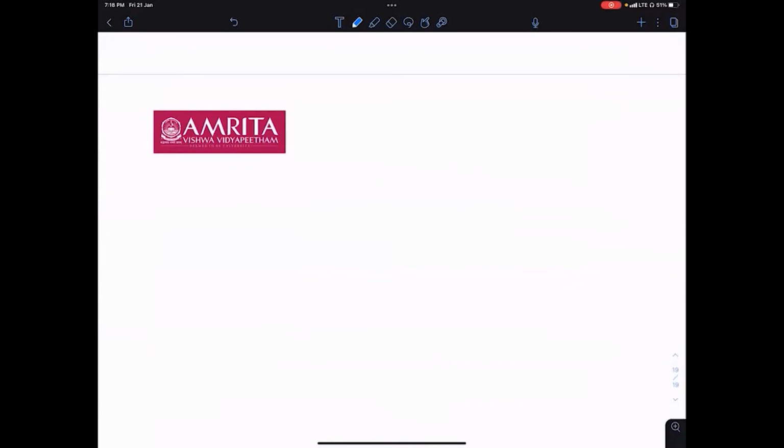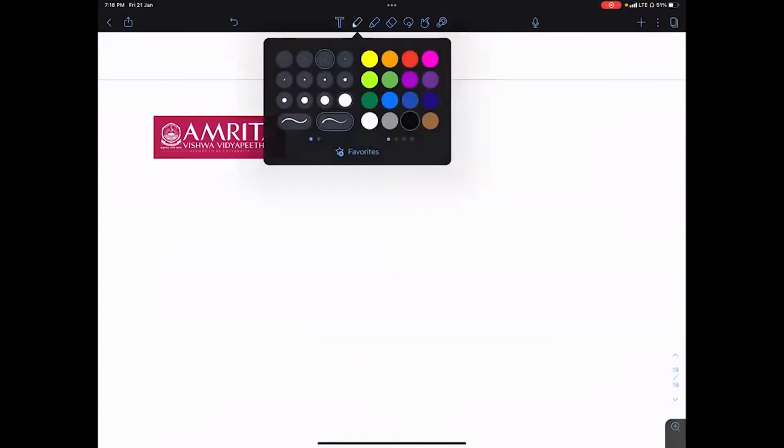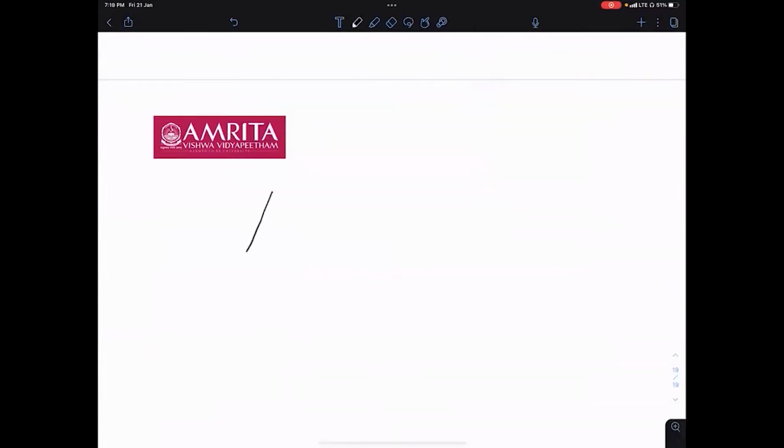See, this is a very common concept, guys. That is, you have an isosceles triangle. So you need to understand the different simple properties of an isosceles triangle. First thing, if these two sides are equal, then these two angles are equal.